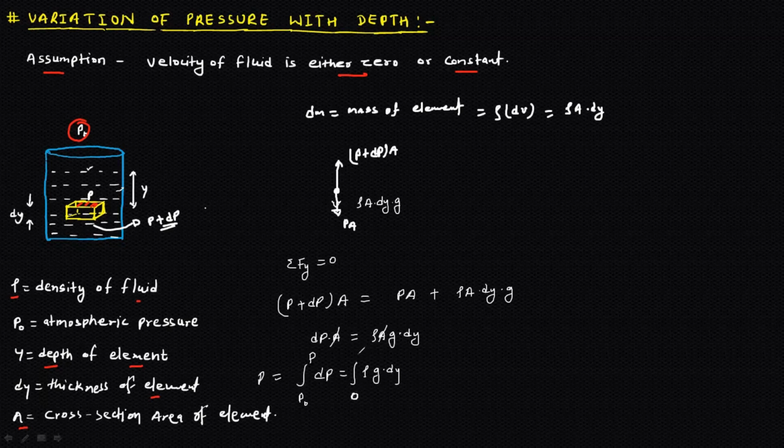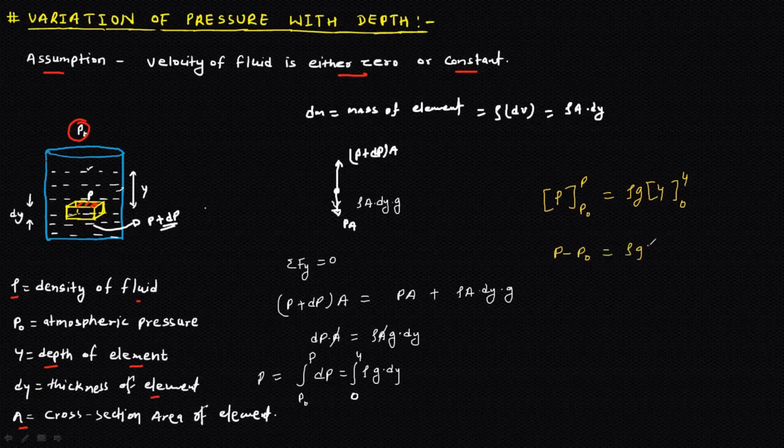Integrating, dP becomes P, from P0 to P, and rho g is constant, so dy becomes y, from 0 to y. So P minus P0 equals rho g y.